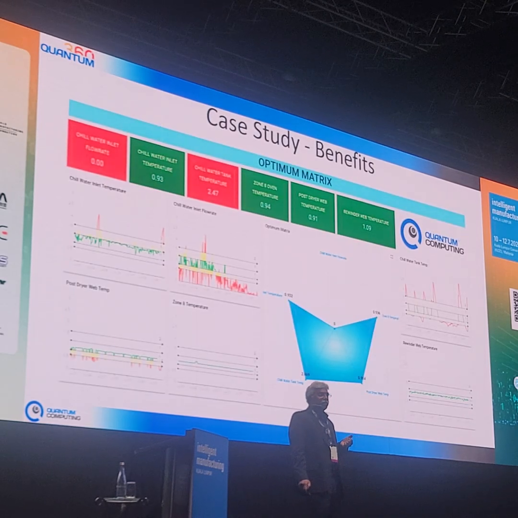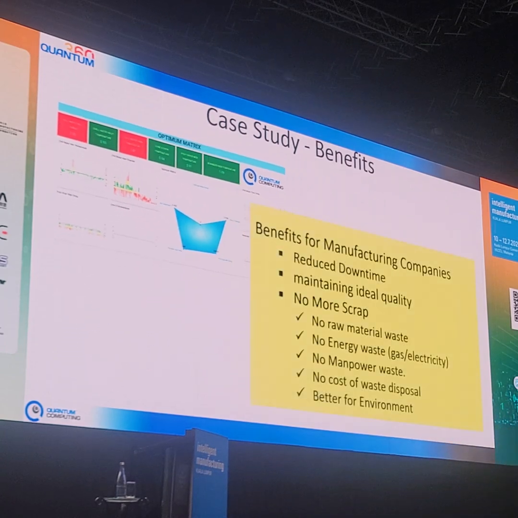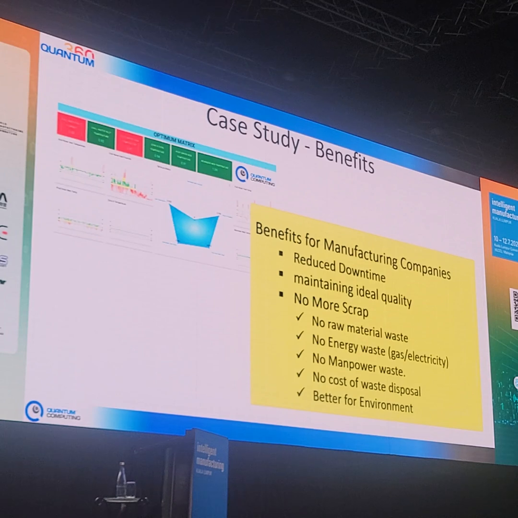Okay. So, in summary, this kind of optimum metrics of running will eventually save you a lot of things. Especially, it will save you downtime. It will reduce your maintenance. It will eliminate, if not maximum, reduce your scrap.